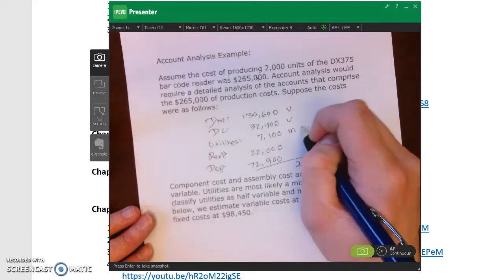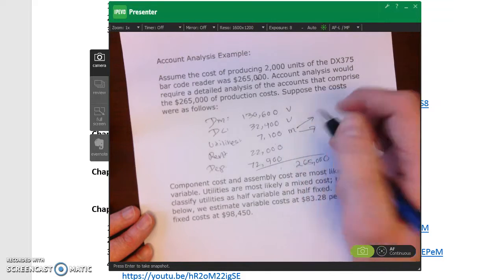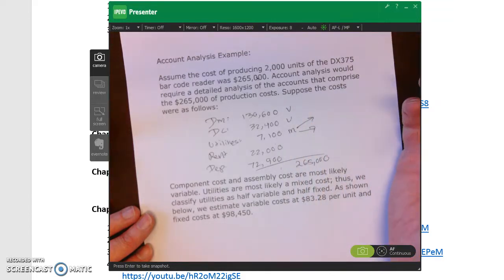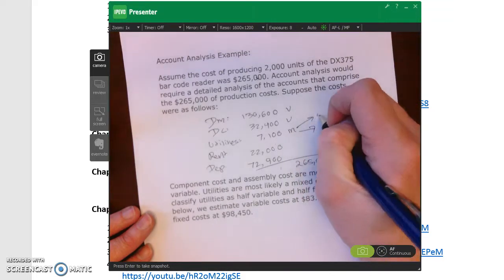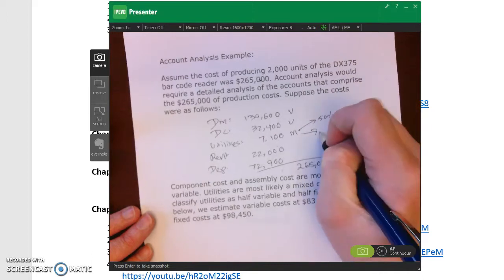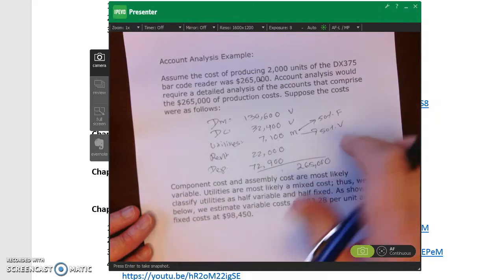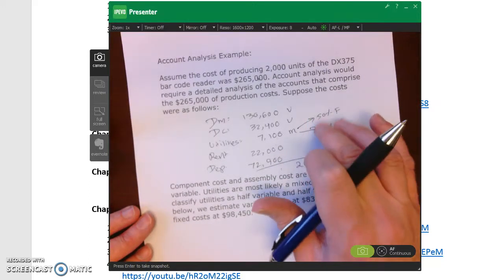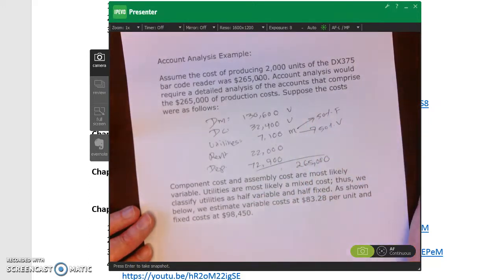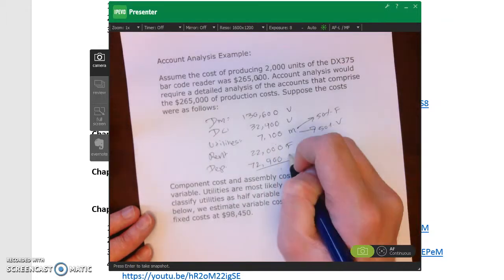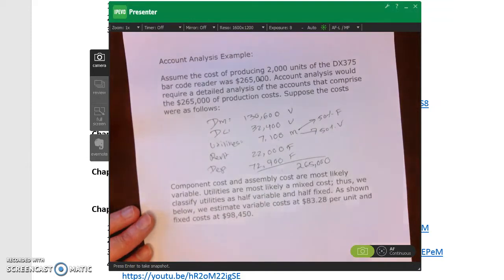Let's say that prior experience says that it has some fixed and some variable, 50% fixed and 50% variable. Again, we would be getting this 50-50 from prior experience, from judgment. Rent we know is fixed, and depreciation we know is fixed.